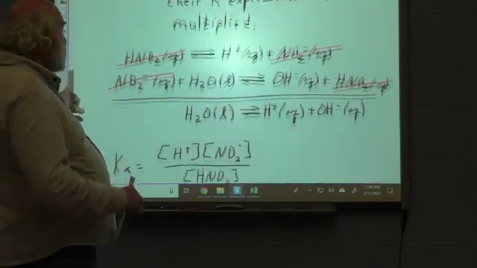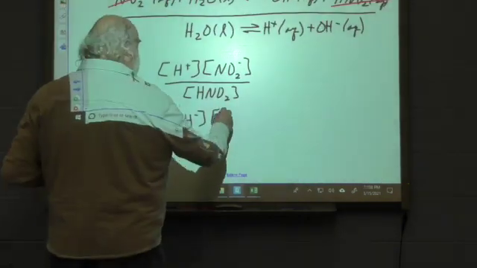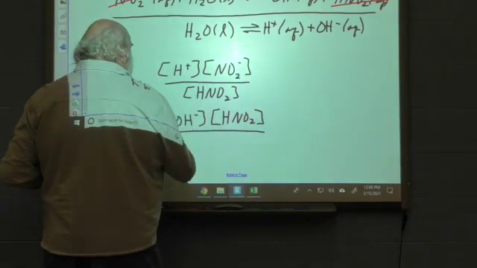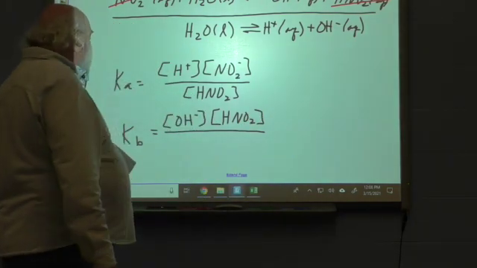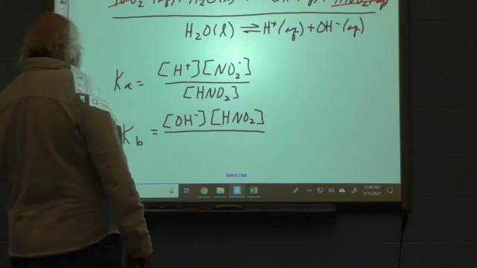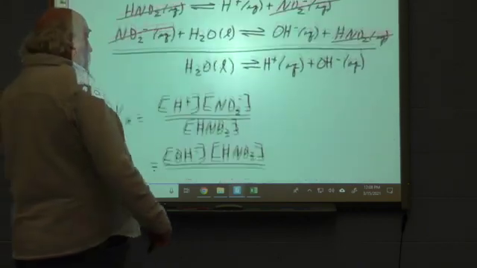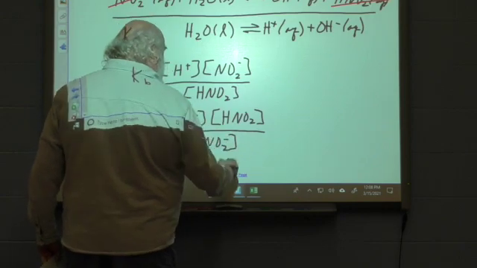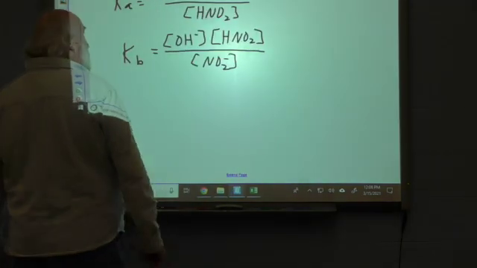Oh yeah, HNO2, and that's going to go over NO2 negative. So Hess's law said, go ahead and multiply those two things together.